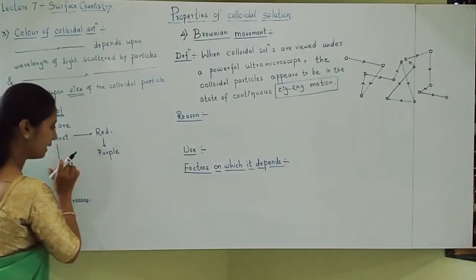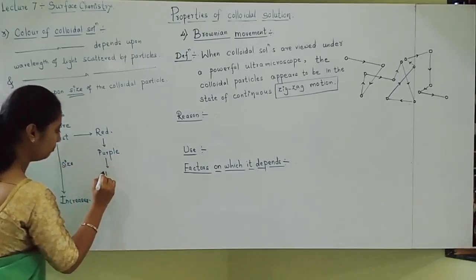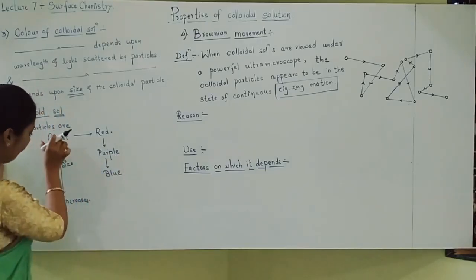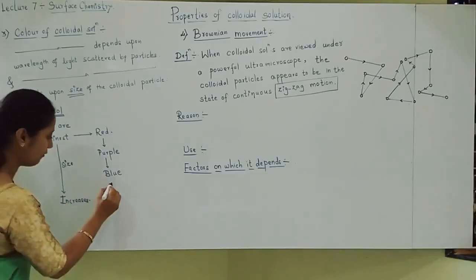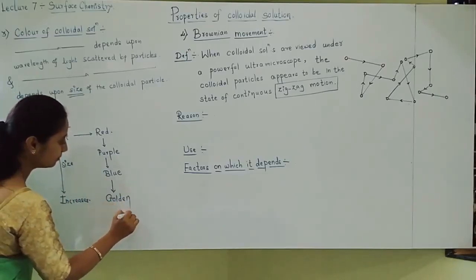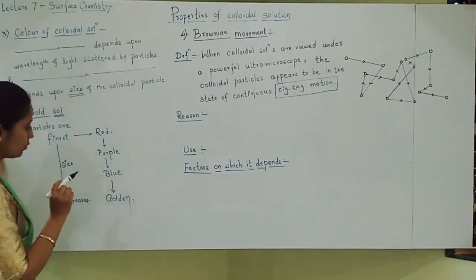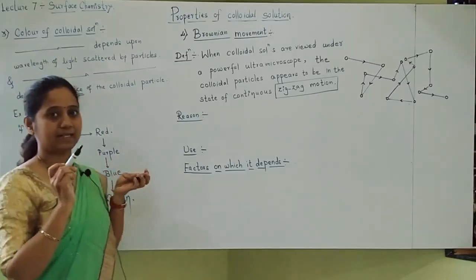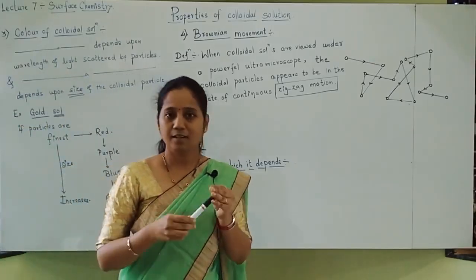If the size increases again, purple becomes blue. When size increases again, finally it becomes golden. So you came to know that the color of a colloidal solution depends upon particle size.